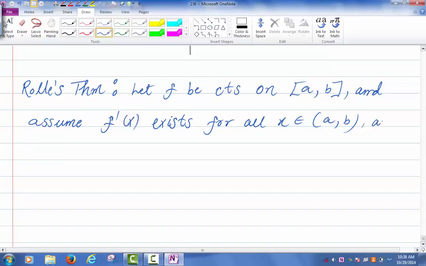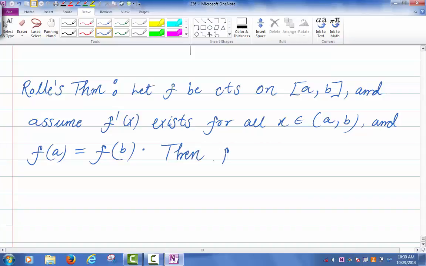Also, another assumption is that the value of the function at a and the value of the function at b are the same. So f is any function which is continuous and differentiable over the interval, and the values of the function at a and b are the same. Then we know that the derivative must be 0 somewhere.